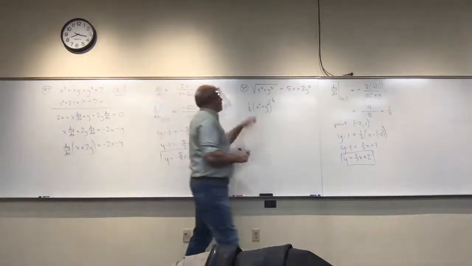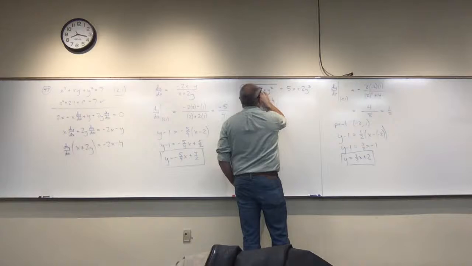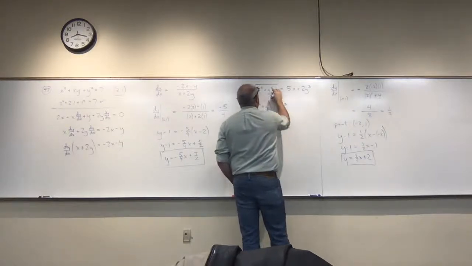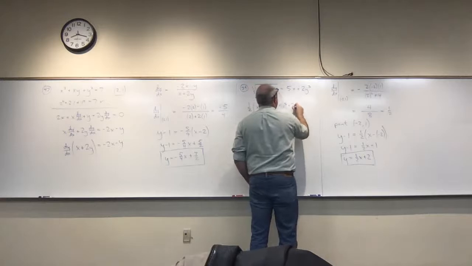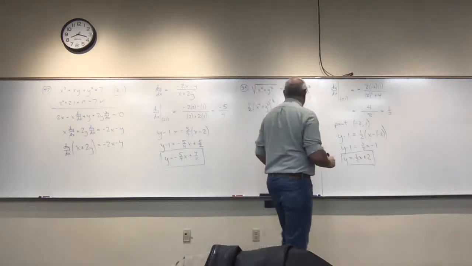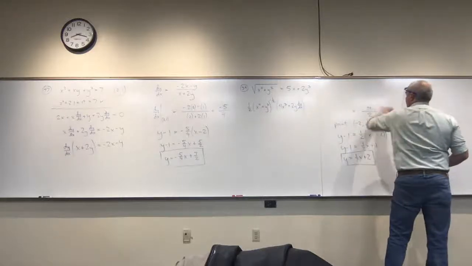In this case, what's inside is this x to the 4th plus y squared. The derivative of x to the 4th is 4x cubed. And the derivative of y squared is 2y times dy over dx. Okay, so that's the derivative of the left side.